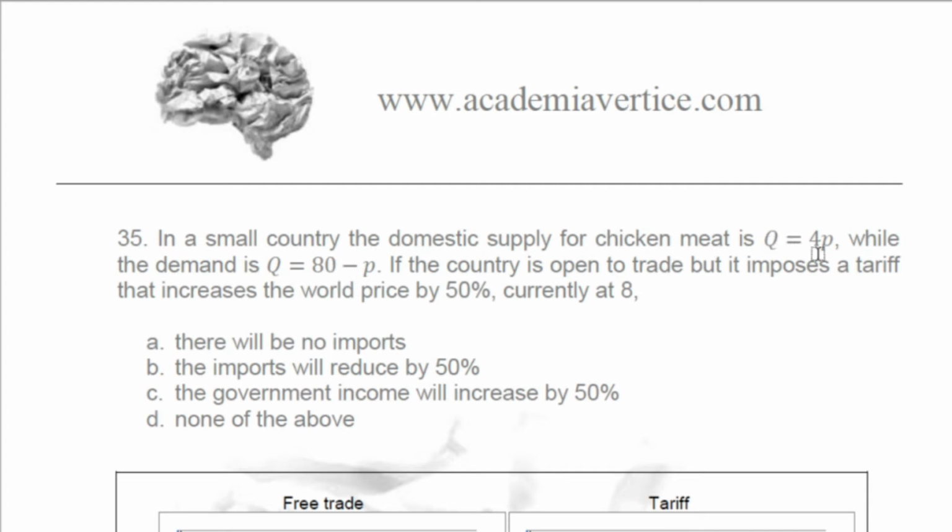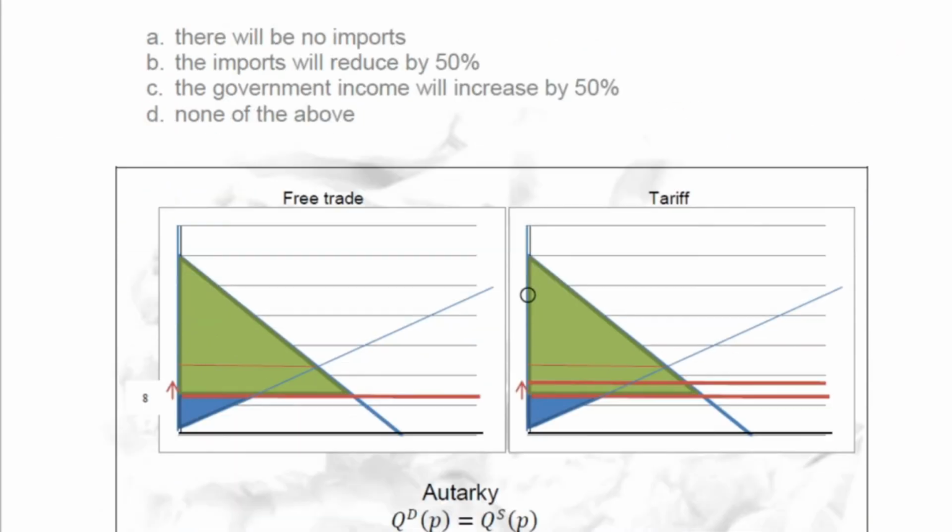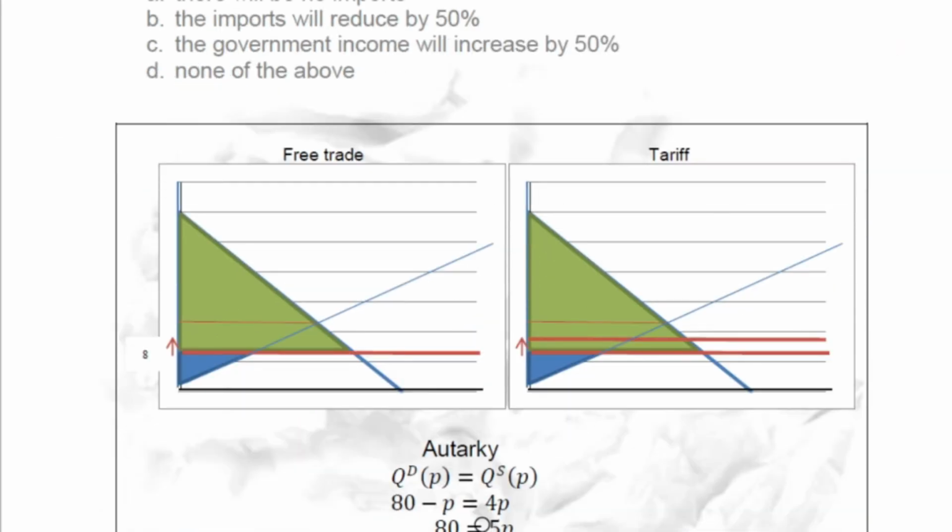So Q equal to 4p, Q equal to 80 minus p, autarky equilibrium is at the end 16, price 16, because this p goes to the right hand side, is 5p, so p equal to 16.